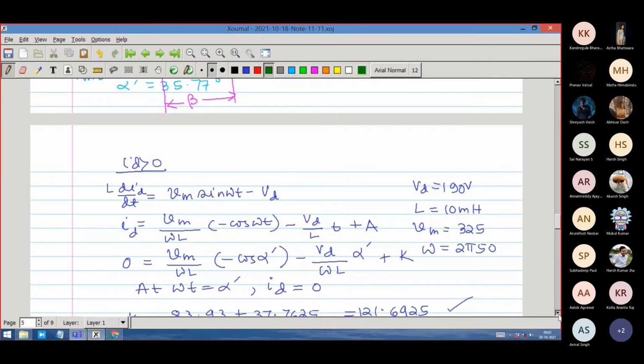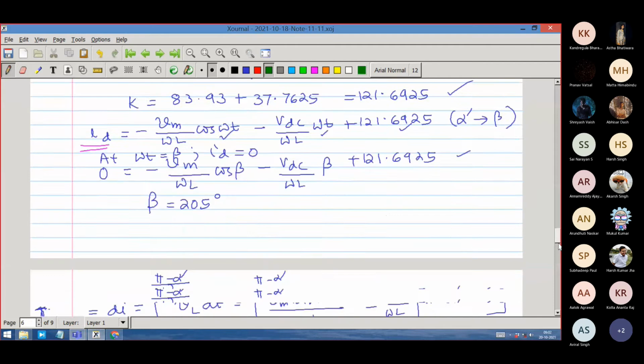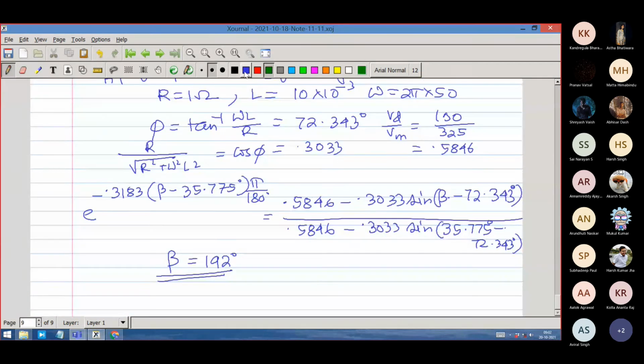So the current waveform now will look like this, if I sketch it. This is the voltage, this is your alpha, where you have fired it, but actual conduction has happened here, and it has gone up to 192.